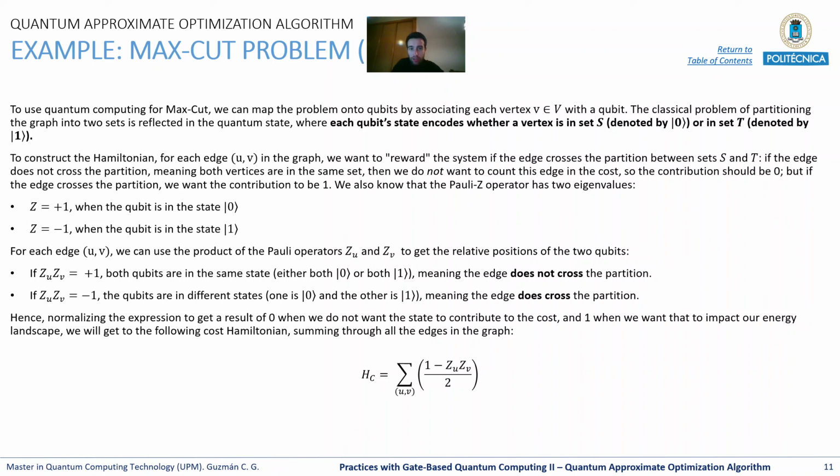So for each edge of the graph, we want to reward the system. So if we're going to try to either minimize or maximize, we're going to go in that direction if the edge crosses the partition between sets S and T. That means that if one vertex is on set S and the other vertex is on T, that's something that we want, because we would be cutting the graph.